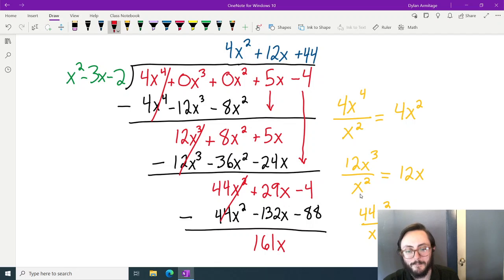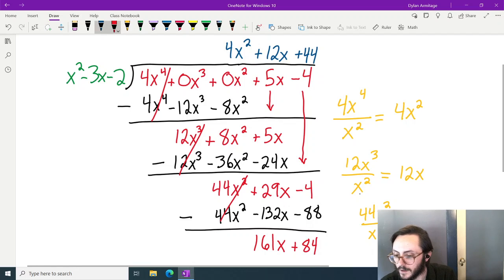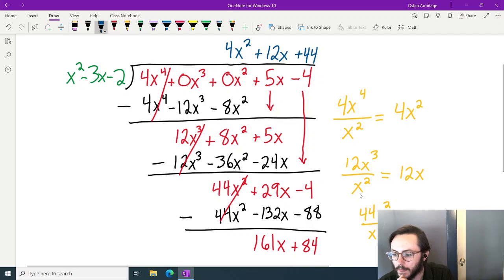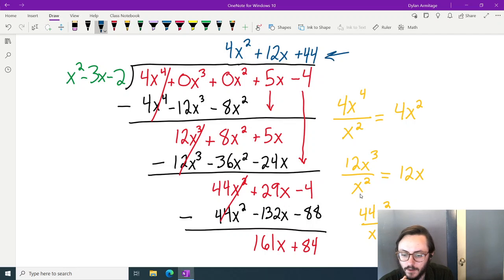Negative 4 minus negative 88 is the same as negative 4 plus 88, or 88 minus 4, which is positive 84. Now, we already have our quotient up here, well, most of the quotient. This down here is the remainder.